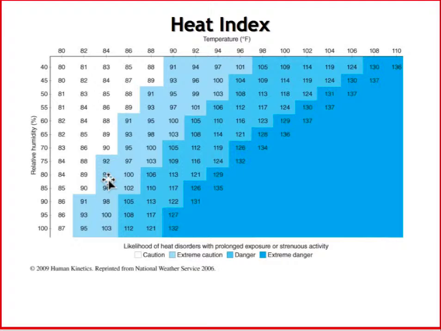You should be able to find a place where you can go and cool off and get out of the sun, have cool beverages to drink, and monitor yourself or the people that you are supervising for symptoms of heat stroke. That's disorientation, profuse sweating, rapid pulse, a very flushed appearance, and weakness.